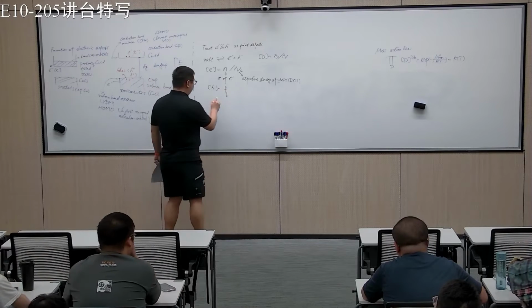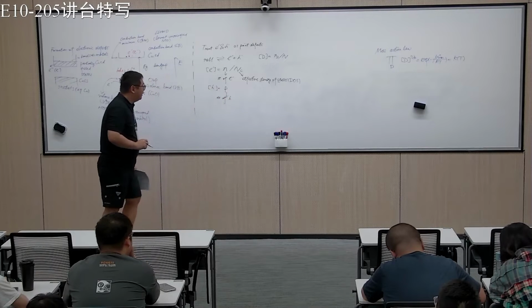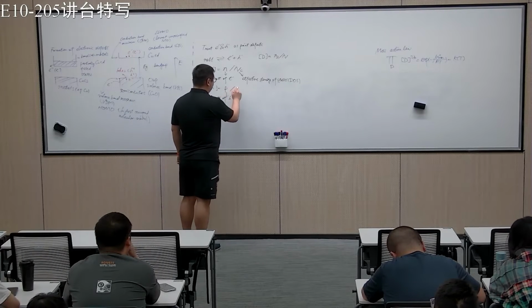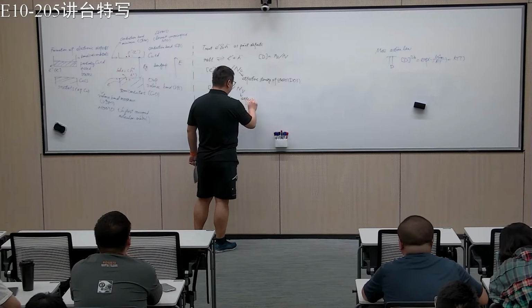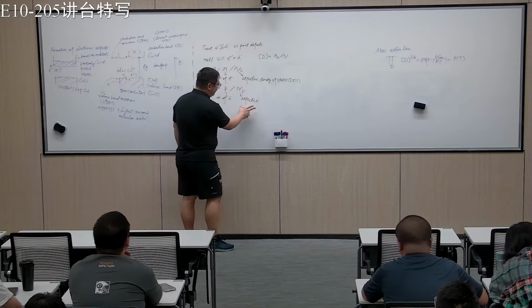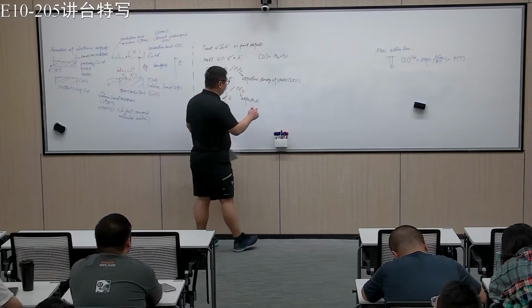Again, another convention is to use P as the number of holes. And you can guess we have NV. So it's the effective density of states of holes in the valence band. You don't need to know why I call it effective; you'll find out later.